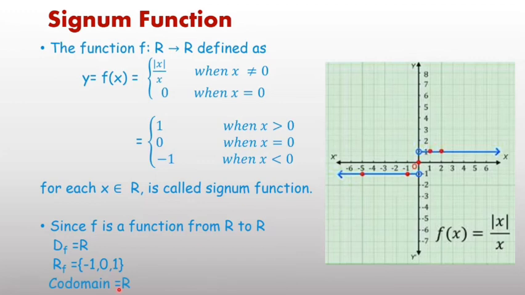And codomain real numbers, because function is from R to R. Whenever any function is written as R to R, you can observe, first one is domain, it is codomain, and range you have to find here as per definition of function.